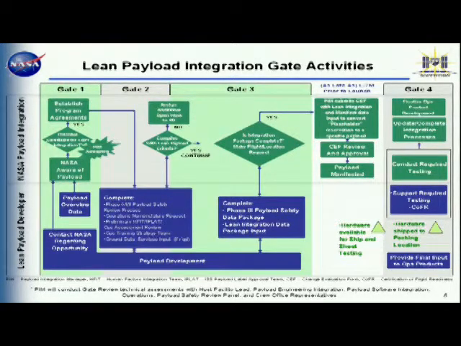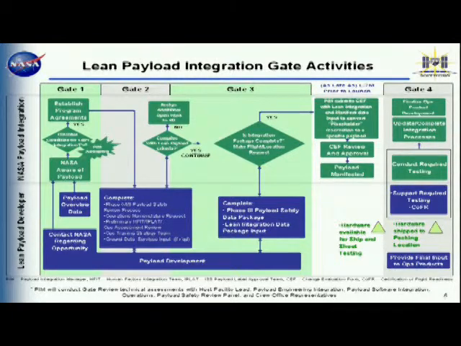And the change evaluation form that George talked about earlier will be submitted to officially get you manifested onto a flight. Okay? That can occur as late as 7 months prior to a launch. So, yay, you're manifested for flight.